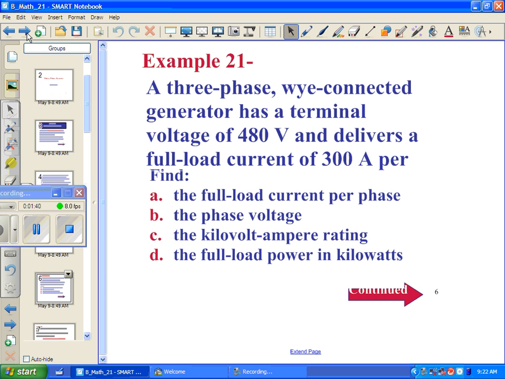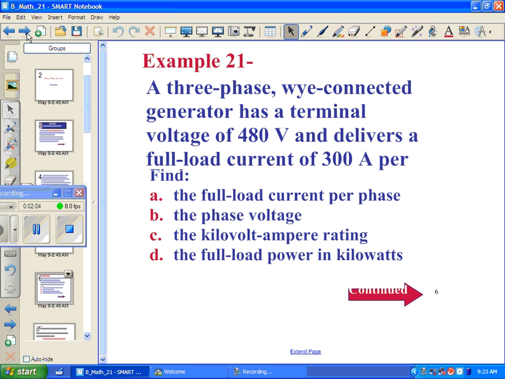A three-phase Y-connected generator has a terminal voltage of 480 volts and delivers a full load current of 300 amps. So let's look at this. Find the full load current per phase, the phase voltage.